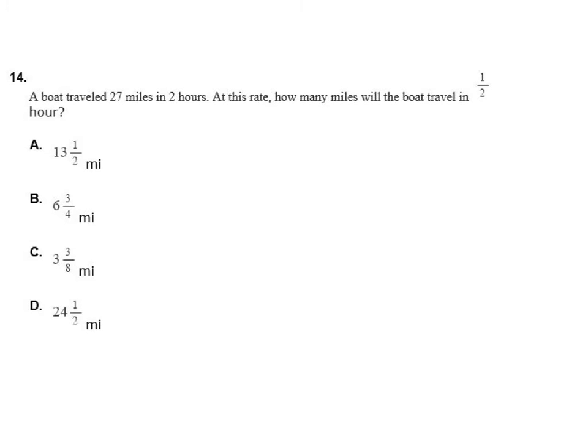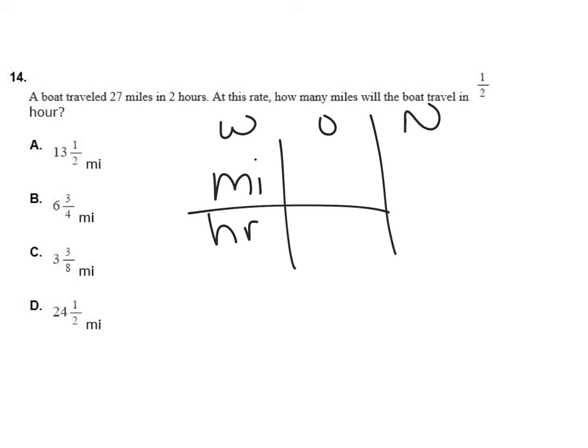A boat travels 27 miles in 2 hours. At this rate, how many miles will the boat travel in half an hour? So remember, we're going to go ahead and do miles, hours, and it's still the one chart. This is a rate.